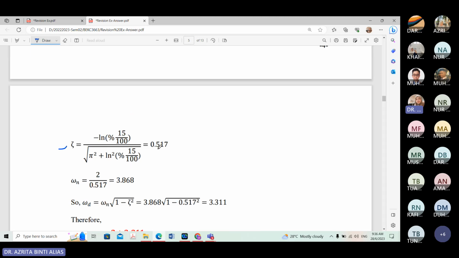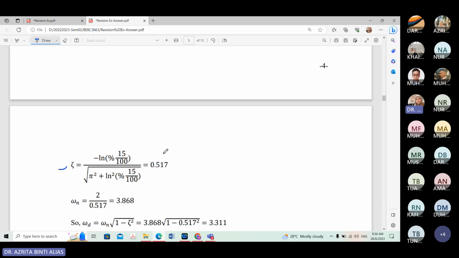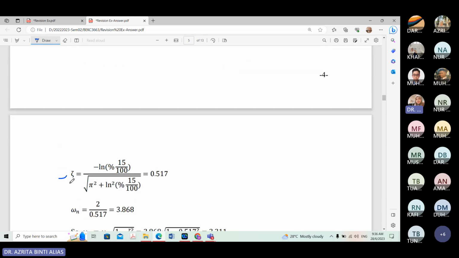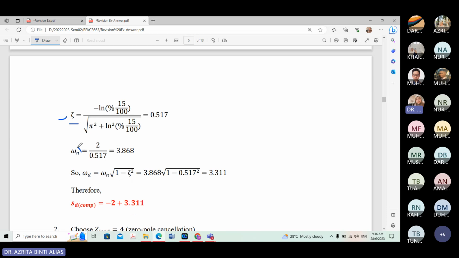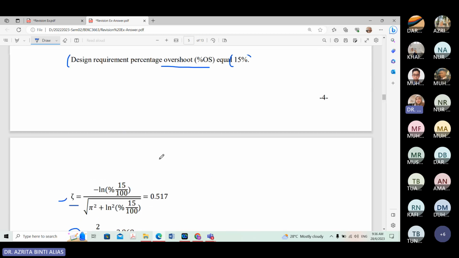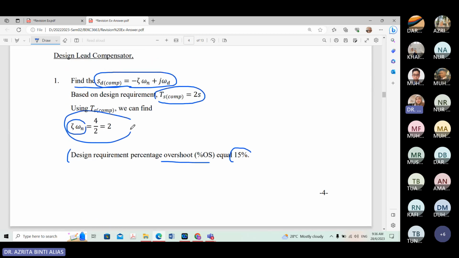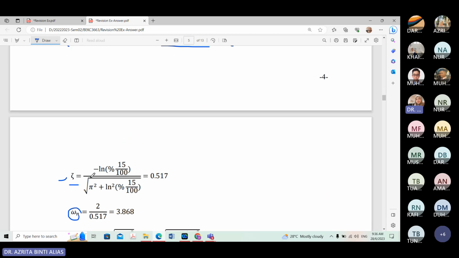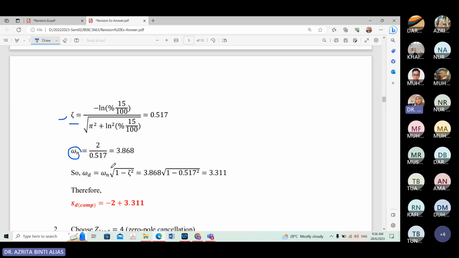We get 0.517. After we obtain the value of zeta, you can obtain the value of omega n using this equation. Lastly, you can calculate the value of omega d using this formula.